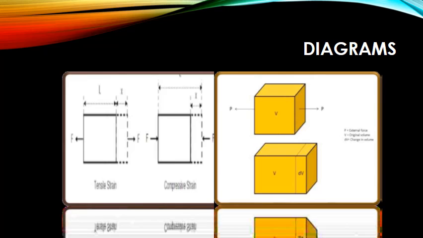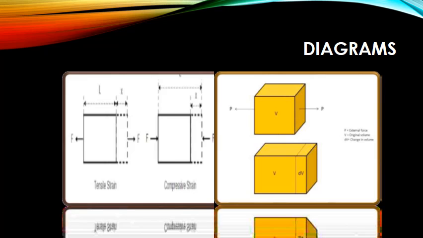The diagram simply shows the concept of pulling force and push and pull. Here the pressure is implementing the pulling, and here the pushing force is exerted, where the tensile strain and compressive strain occur.